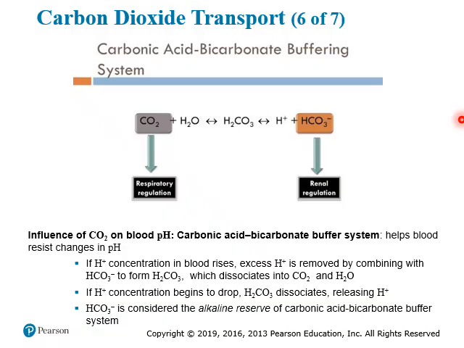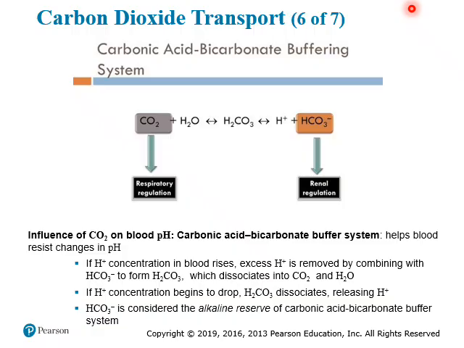So let's take a look at the influence of carbon dioxide on blood pH, pretty much by understanding the carbonic acid bicarbonate buffering system. The carbonic acid buffer system is the primary buffer system in extracellular fluid, especially in the blood plasma.